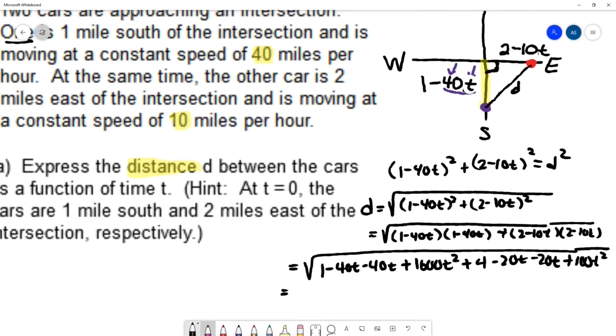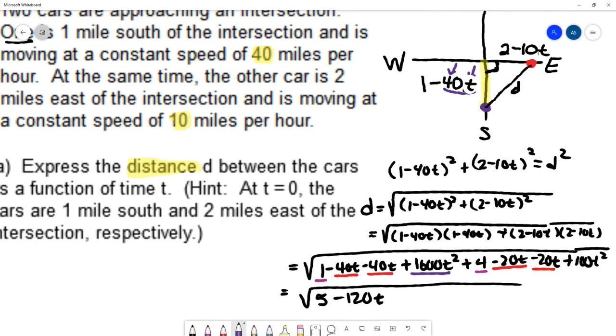I have some like terms I could combine. 1 and 4 combine to be 5. I have like terms of negative 40t, that's negative 80t. Another negative 20t, that's negative 100t, that's negative 120t.